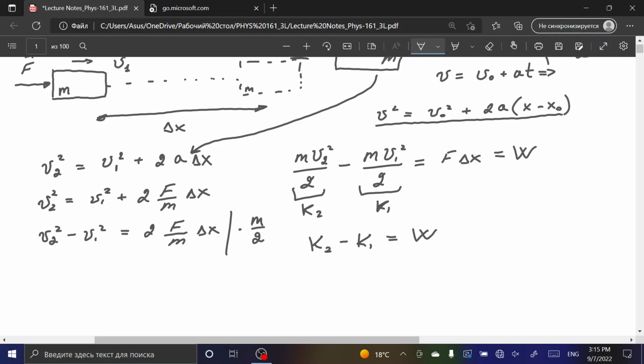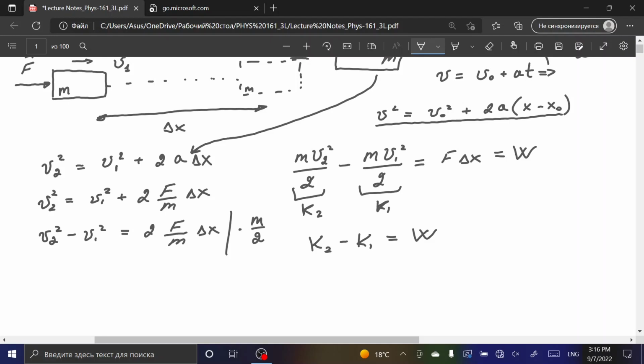Then this is a perfect example of this kinetic energy work relationship. It means that if some external force performs some work on the system, and the only result is change of velocity, then this work was done to change the kinetic energy of the system.